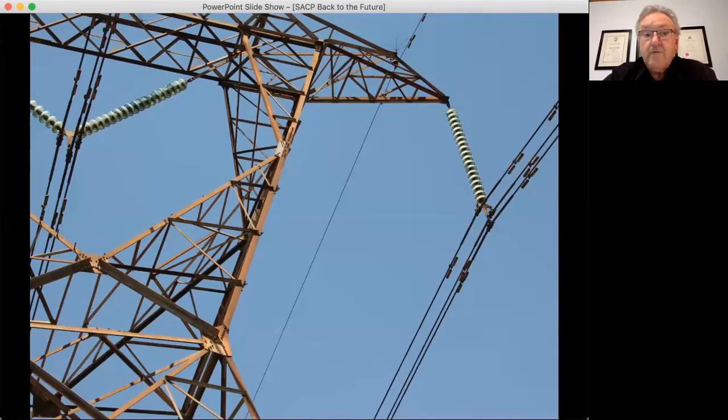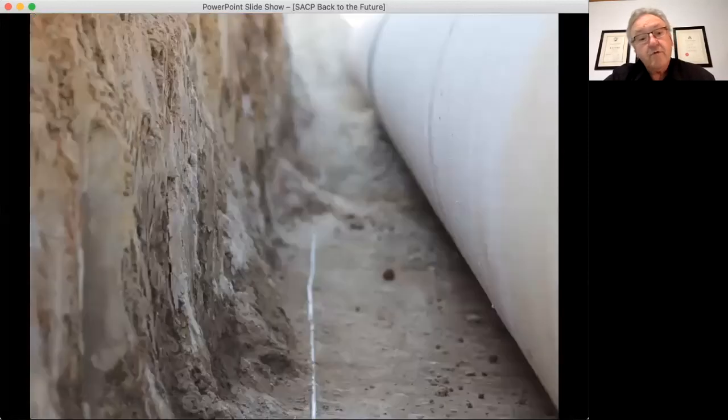In one of our future talks, we're going to be talking about the effect of AC interference from high voltage AC power lines. And typically, we would use a zinc ribbon electrode in order to protect the pipeline against the effects of AC interference, mitigation of that interference.